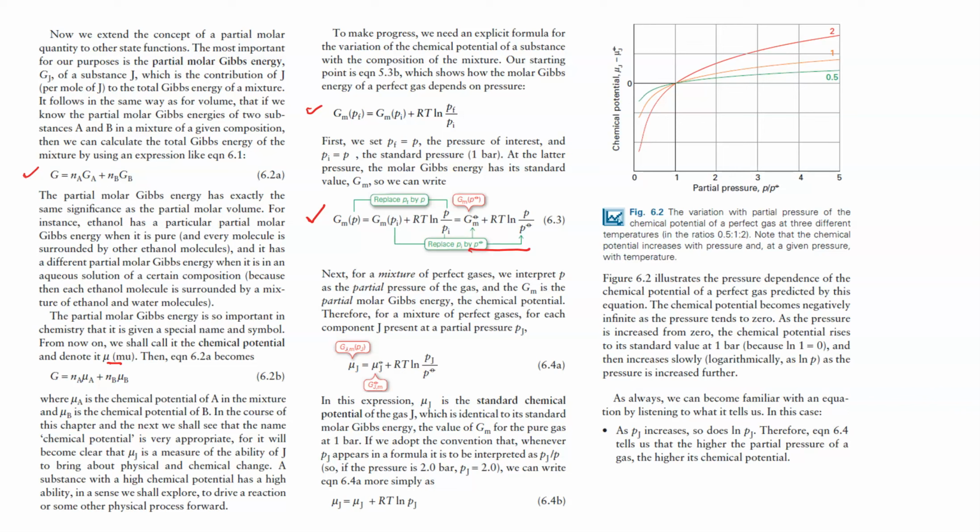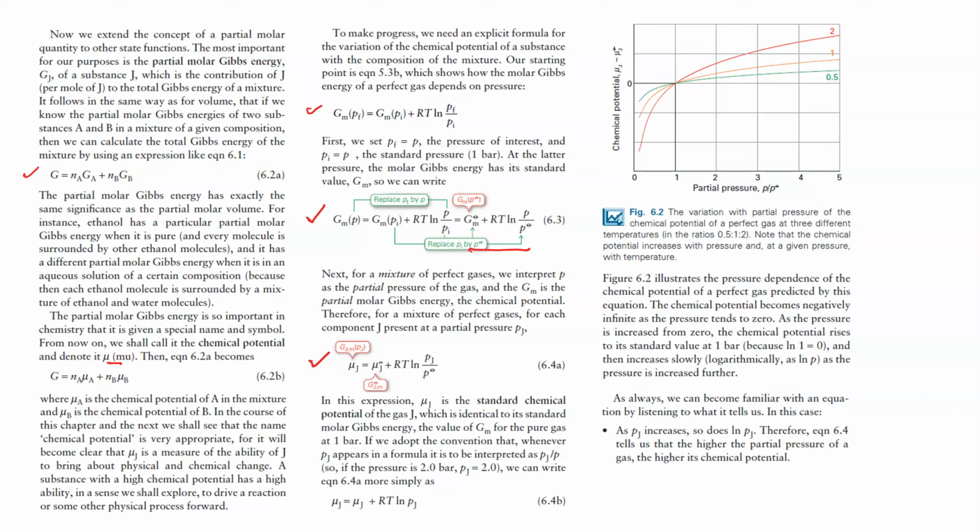Therefore, for a mixture of perfect gases, for each component J present at a partial pressure P sub J, we can state the following: mu sub J equals mu sub J under standard conditions plus RT natural log P sub J over P under standard conditions.